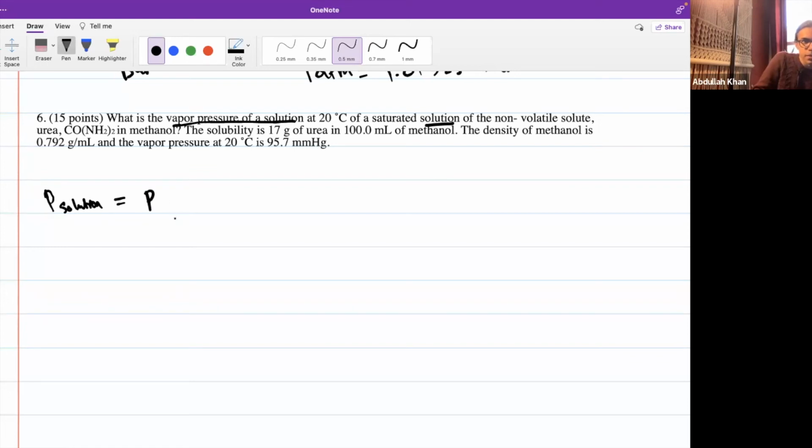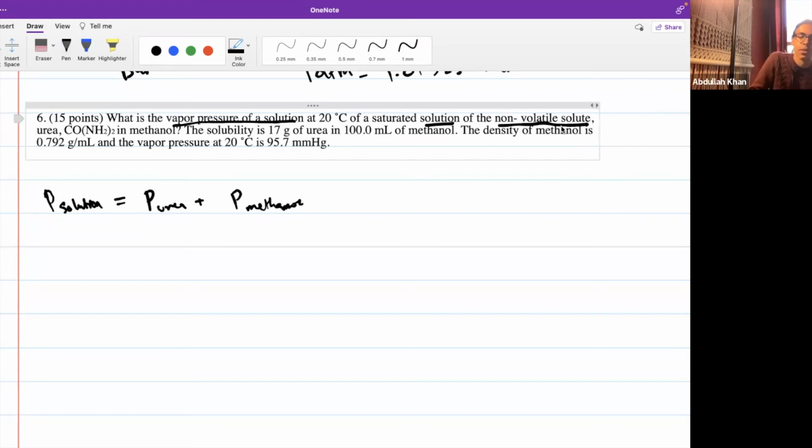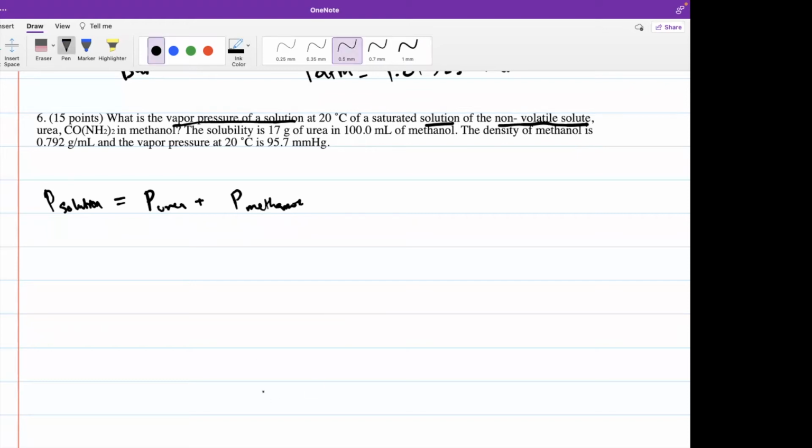So we have here pressure of urea plus the pressure of methanol. Urea is explicitly stated to be a non-volatile solute. So what is the pressure contribution of urea if it's non-volatile? 0. Poof, goes away.